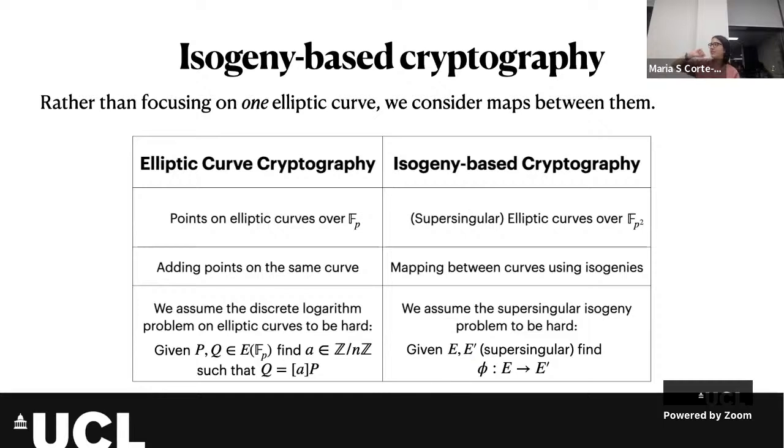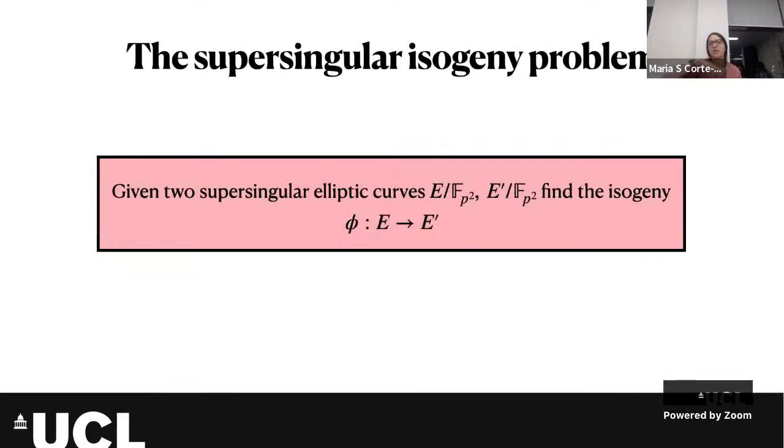And the last thing to compare is the hard problems that underlie the security of this cryptography. In ECC, you consider 2 points and you want to find the scalar that maps one point to another. And in isogeny-based cryptography, you consider 2 supersingular elliptic curves and you want to find the isogeny that maps one elliptic curve to the other. So the supersingular isogeny problem is: given 2 elliptic curves, find this map between them.